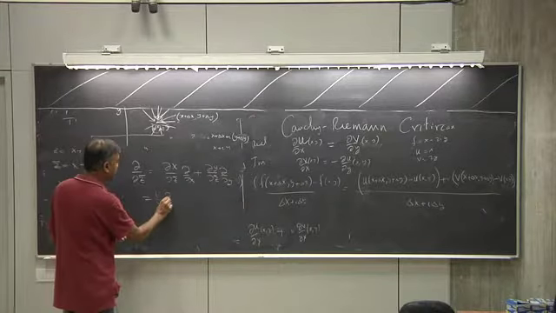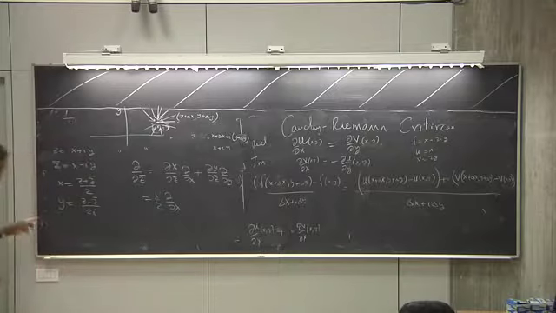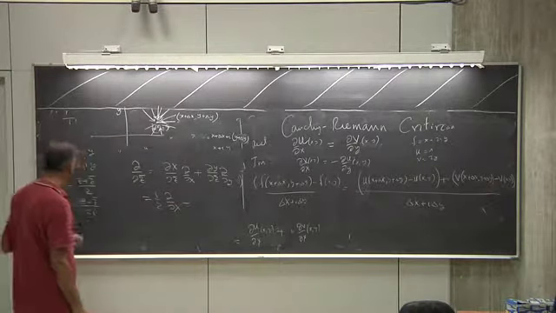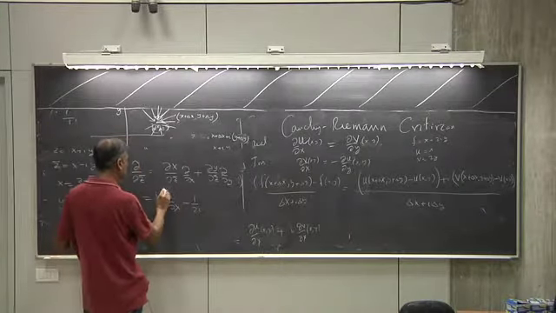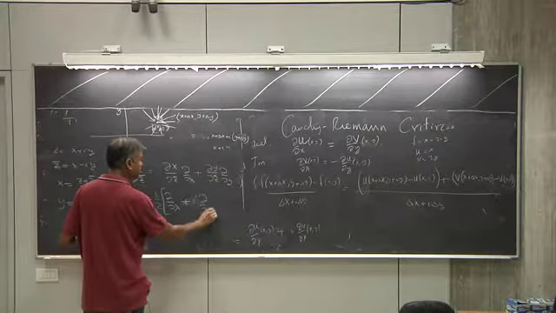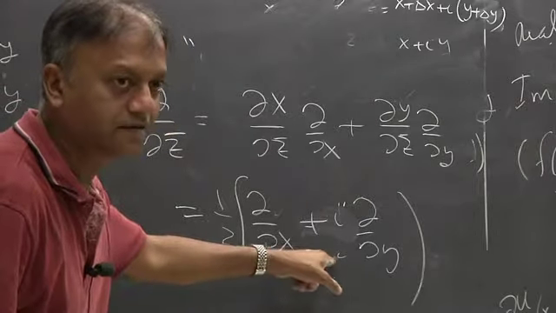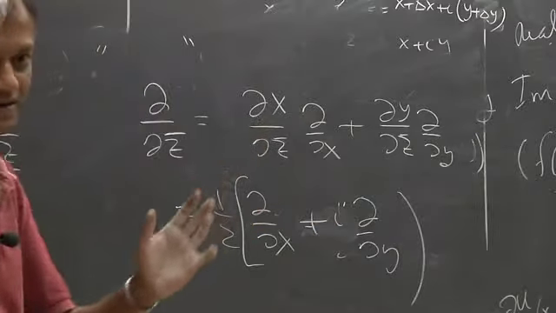So 1/2 d by dx, and this one is minus 1 over 2i. So 1 over 2 I can take out, and this becomes plus i d by dy, because minus 1 divided by i is the same as plus i, since minus 1 is i squared.